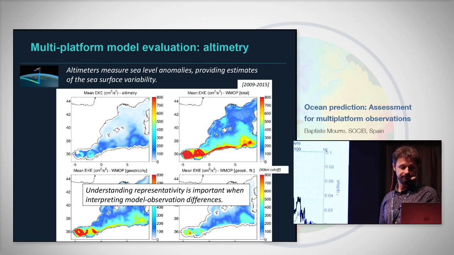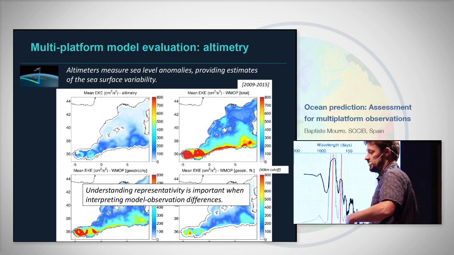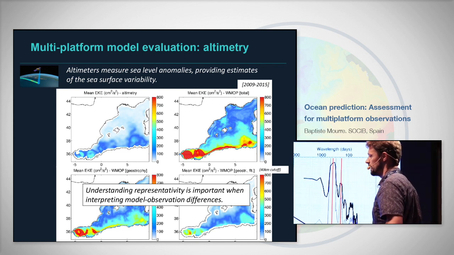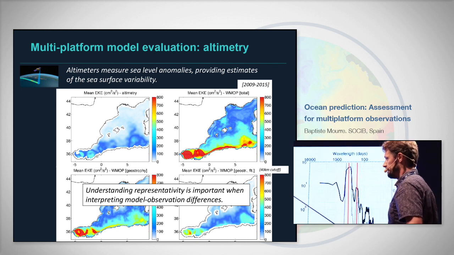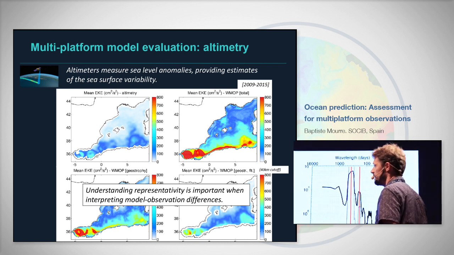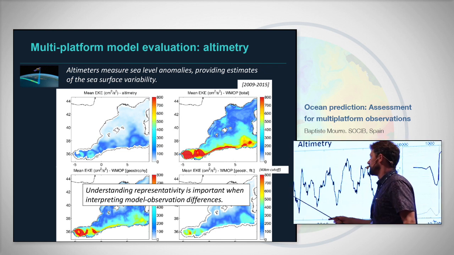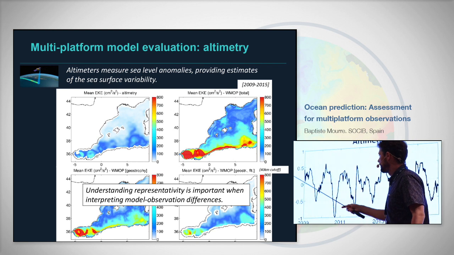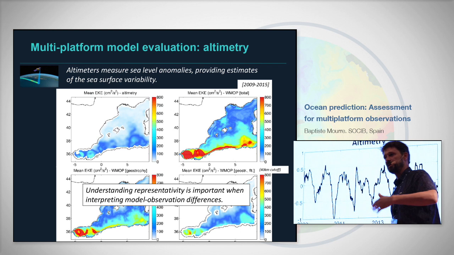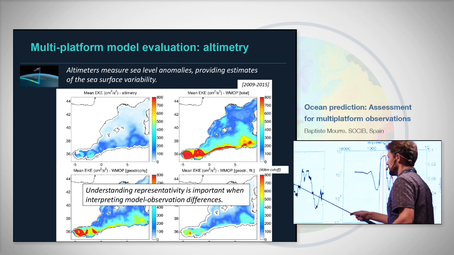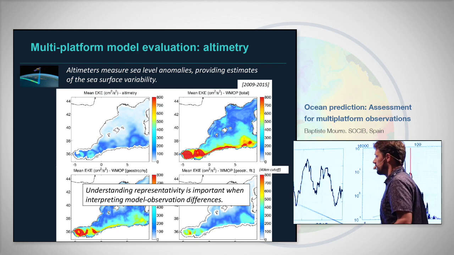Okay, so with altimetry, you have these sea level maps. It also allows you to compute EOFs, and those things that are very standard in the analysis of altimetry, and you can apply them to the model. This is an example of a first mode of variability in this area, representing the southward flow and its acceleration and deceleration with a marked seasonal cycle. So you can check that you have the right mode, or differences in the mode.